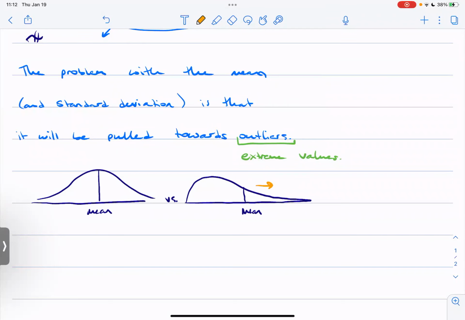You can think about it, and we'll look at an example. If you find the average, which is the mean, of 4, 5, 6, 7, a reasonable average is 5.5 or whatever. I don't do math. Now change the 7 to 70.